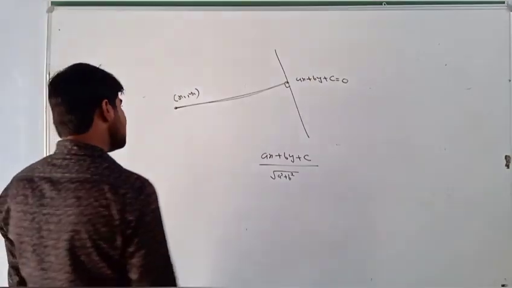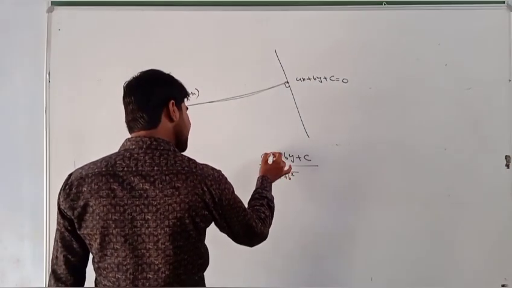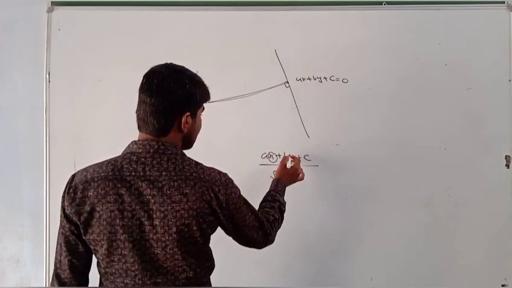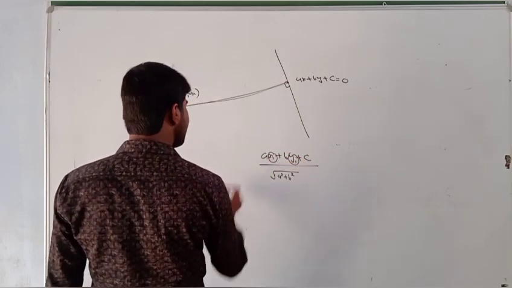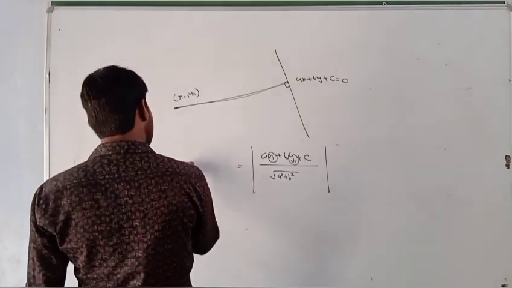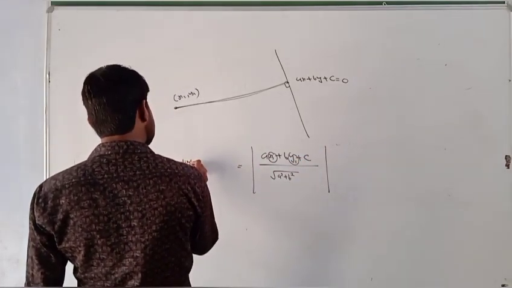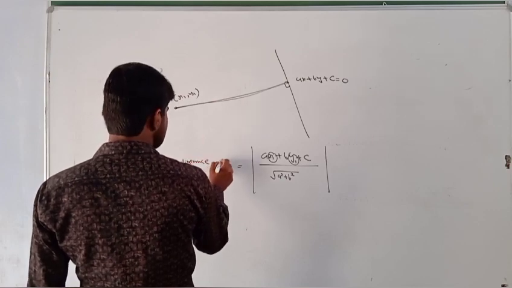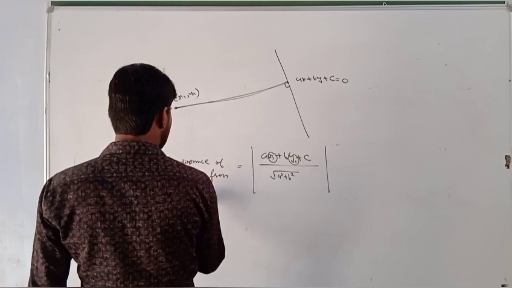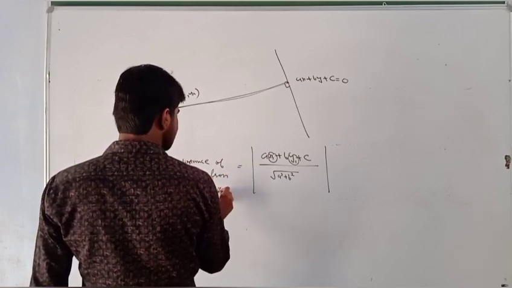But put x1 in place of x and y1 in place of y. You will get a value, and the modulus of that value will be the distance of the line from the given point.